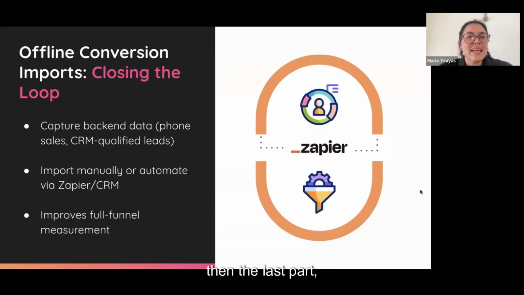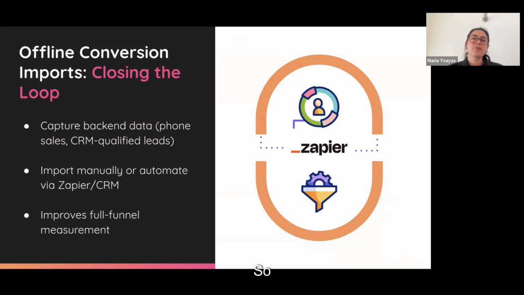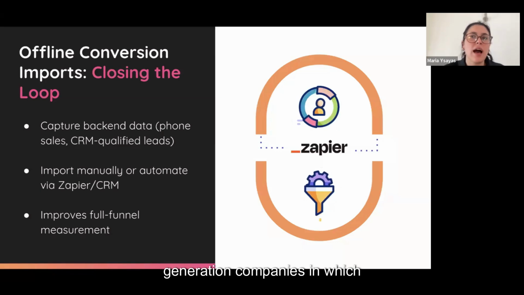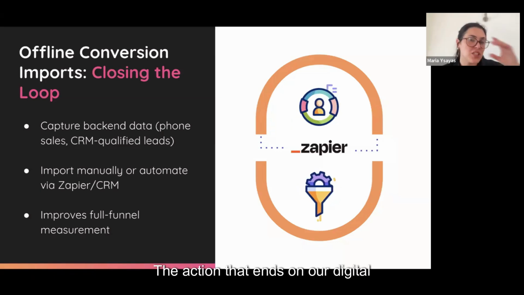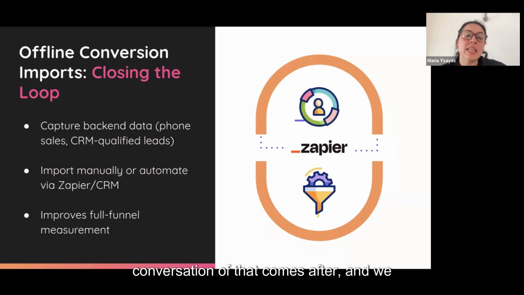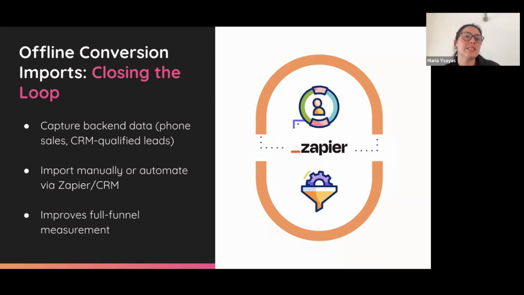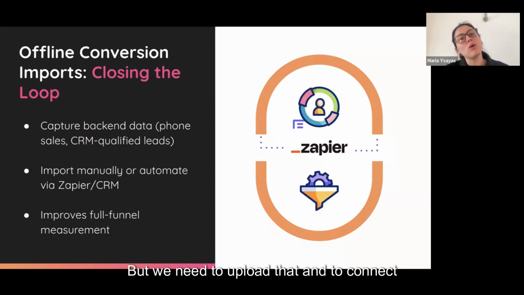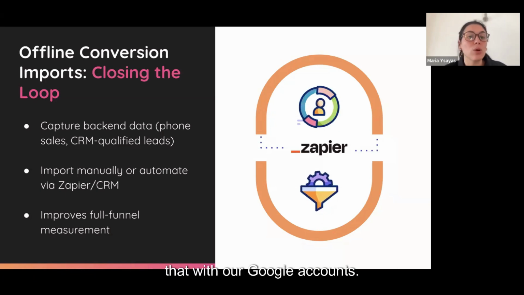And then the last part, but not least, is the offline conversion imports. Not all of our businesses end the journey digitally. There are some cases, mainly for lead generation companies, in which the action that ends in our digital environment is the inquiry, but the conversion comes after, and we need to upload that information, which is probably hosted on CRMs, and connect it with our Google accounts.